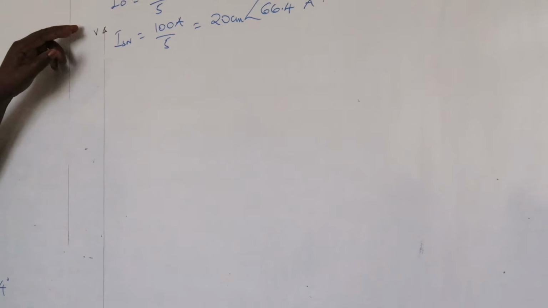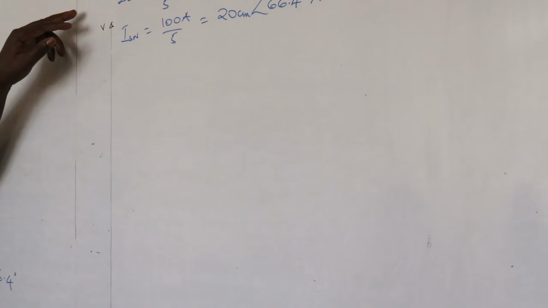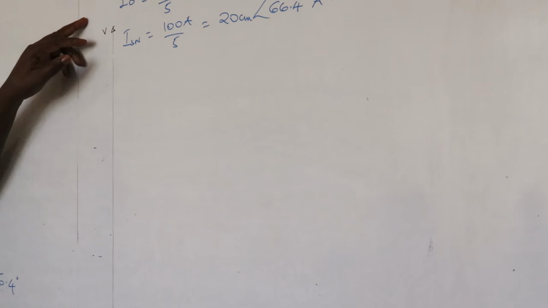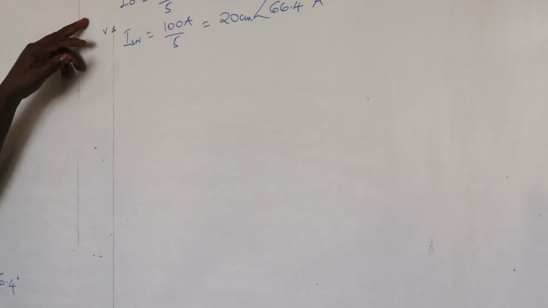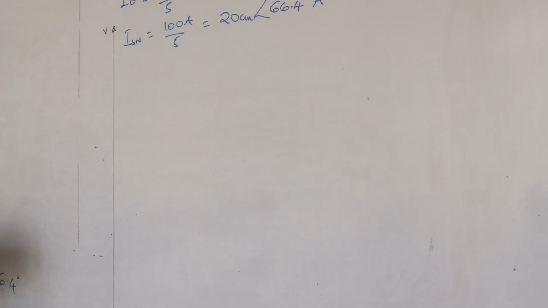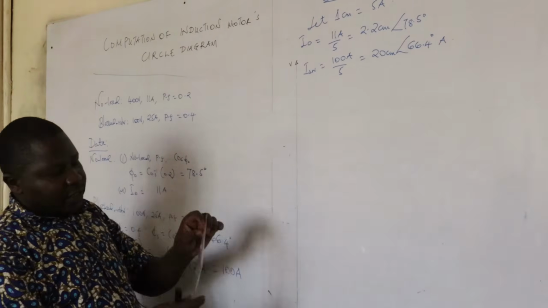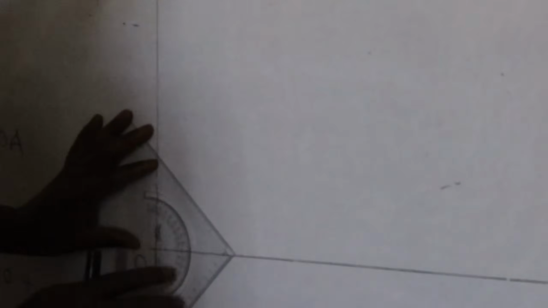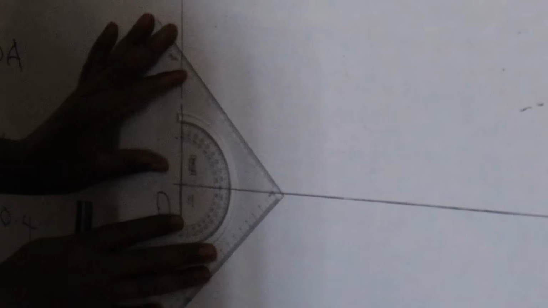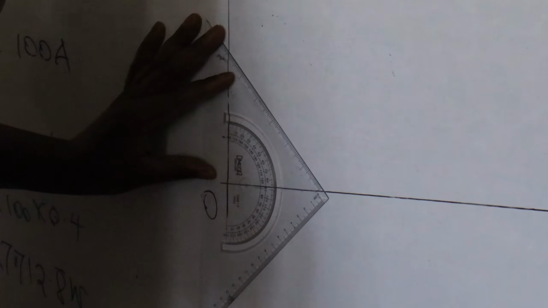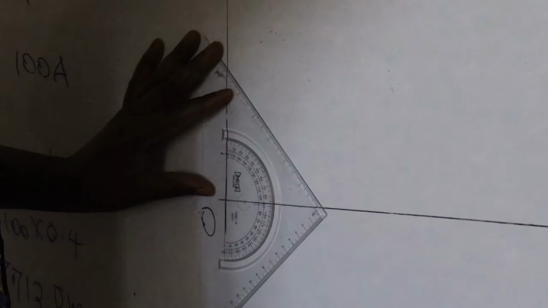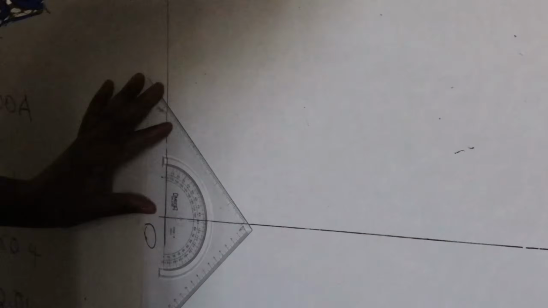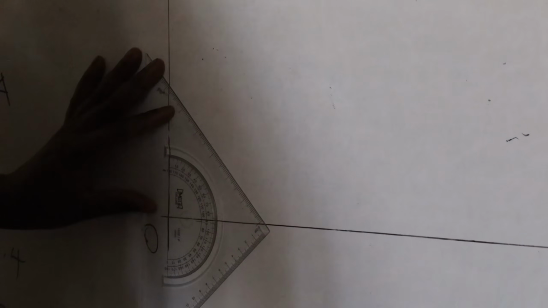But our reference voltage is here, so this is our 0. If this is our 0, where is the 0 on the protractor? 0 degrees is here, so this can only be measured like this. So the first measurement is the angle, 78.5.